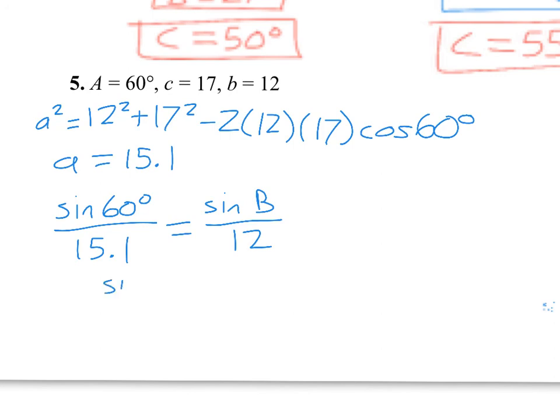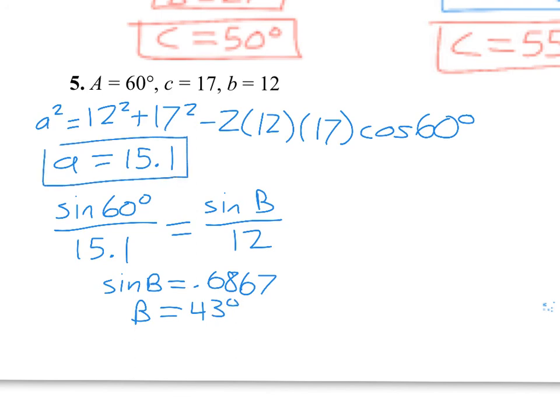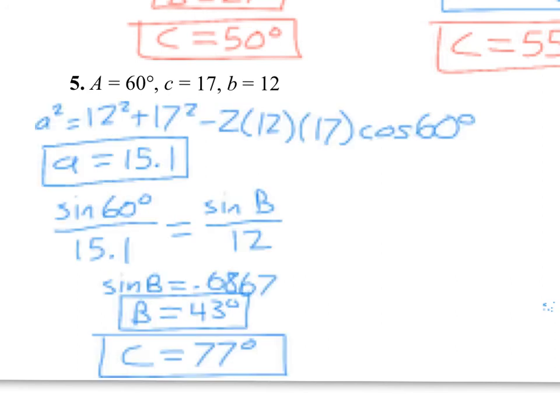Sine B equals 0.6867. So angle B equals 43 degrees. And what are we missing? We're missing angle C. 60 plus 43 is 103, so angle C has to be 77 degrees. And that is all for this lesson.